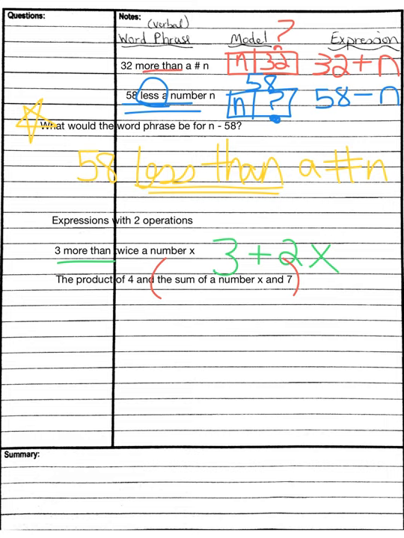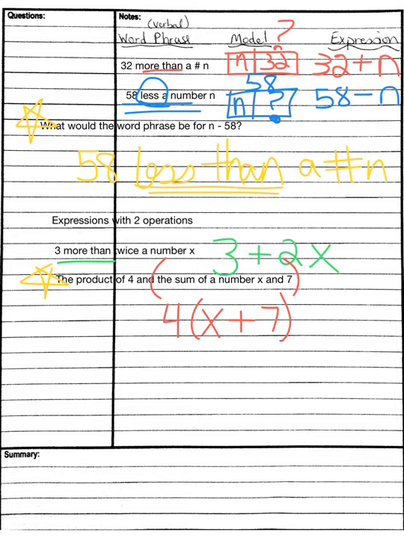So this example would be 4 times, with parentheses, x plus 7, because product means multiplication. If we don't put the parentheses in, we would not get the same answer. This is a test question, or one that you can find on a test, and so that's why I'm going to put a star next to it as well.